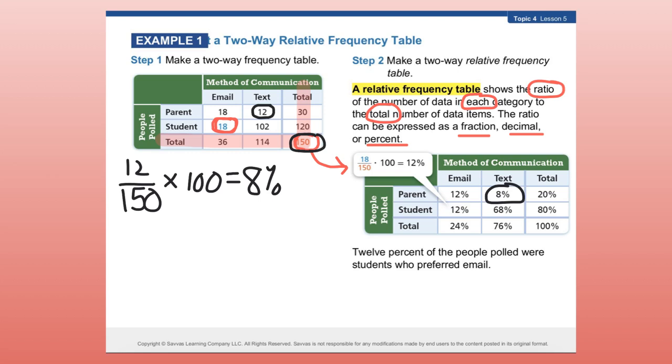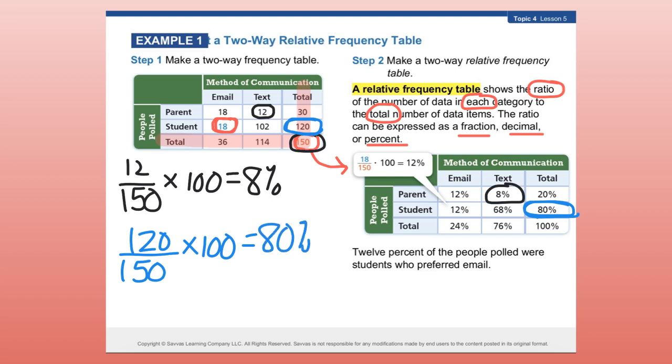Let's try again. Let's talk 120 total students out of 150 people surveyed. Change it into a percent, and you will get 80%, and the 80 lives right here. All right, let's do this one more time.